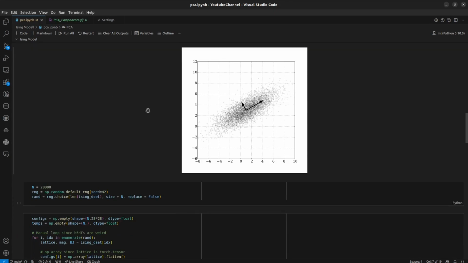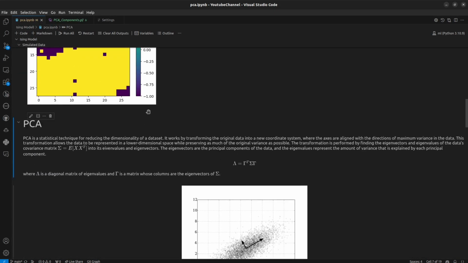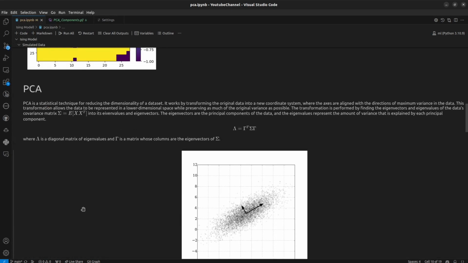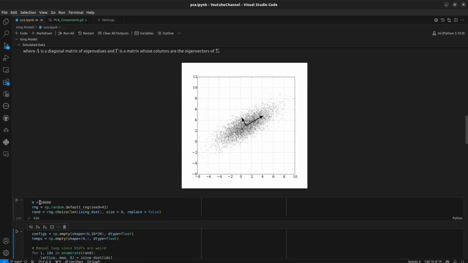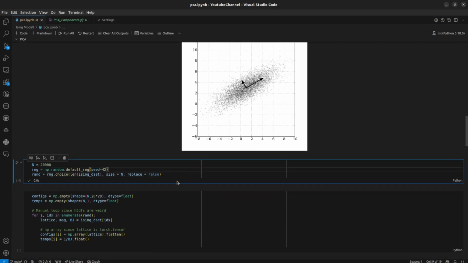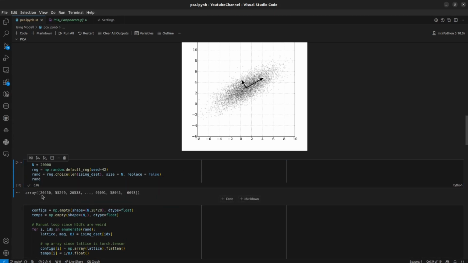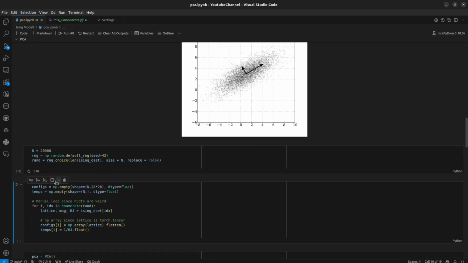Okay, so how are we going to do that? Since we have 75,000 configurations and that takes a long time, I'm choosing 20,000 configurations at random. And what we have here is just an array of these indices which I want to use for my PCA.